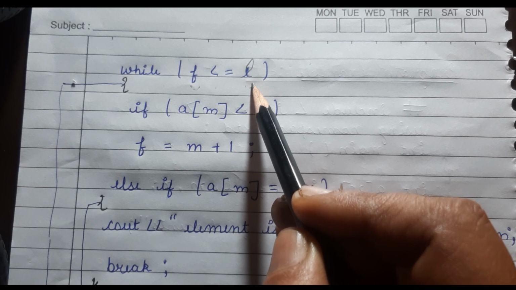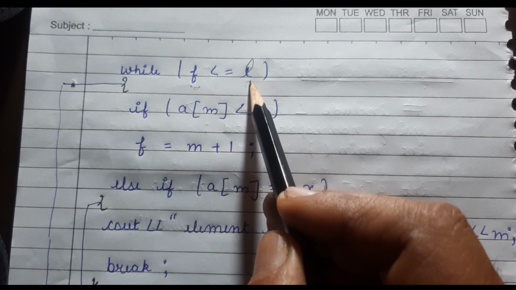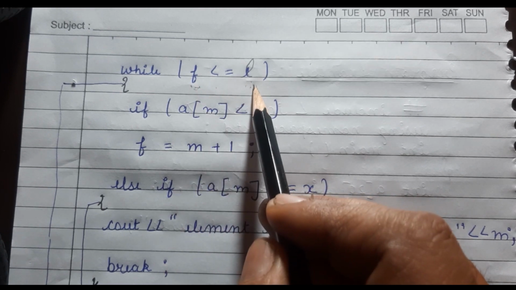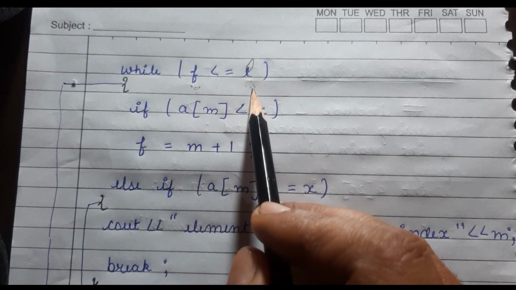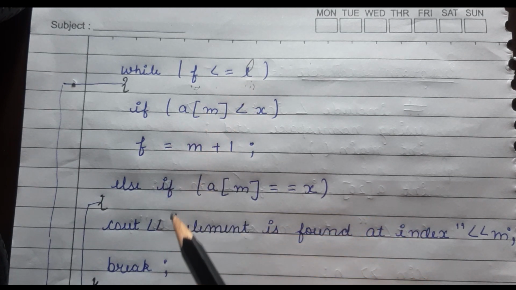So if your element exists in the array, then the first index is always less than or equal to the last index. Okay, so here I implement this condition, because if your first index is less than or equal to L, in that case only we do the comparisons here.